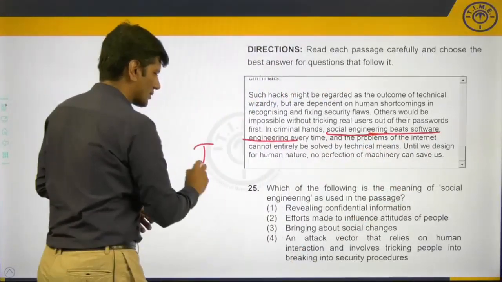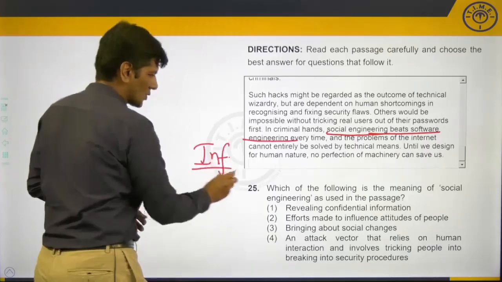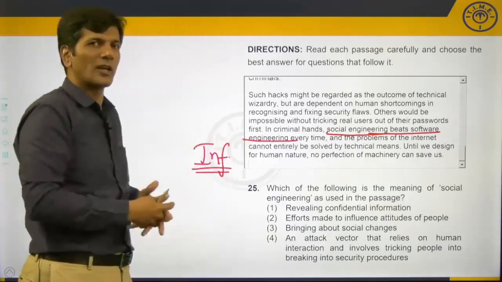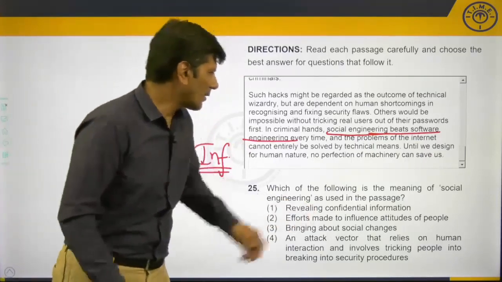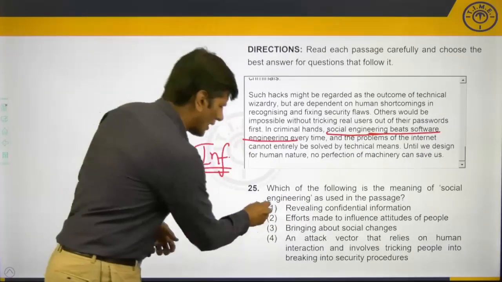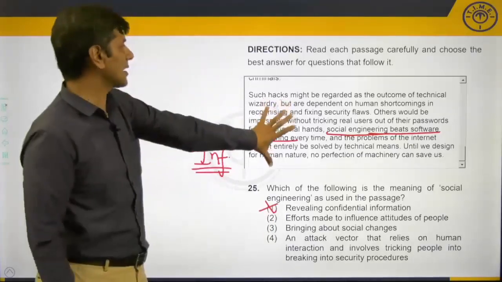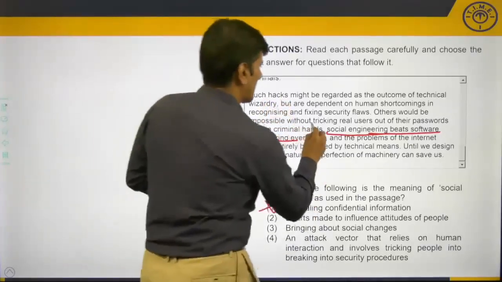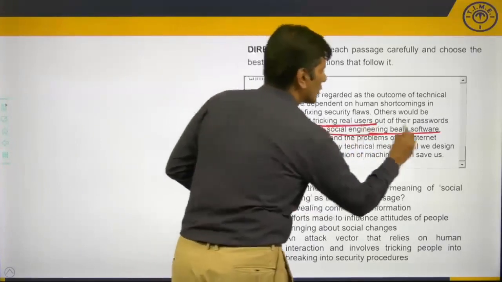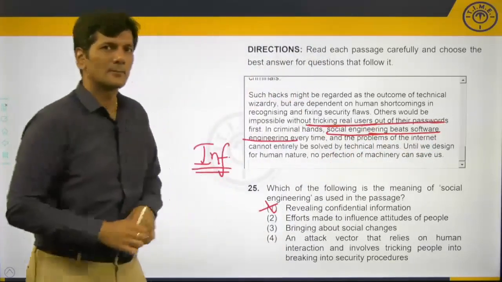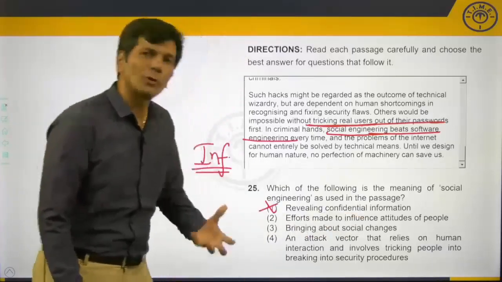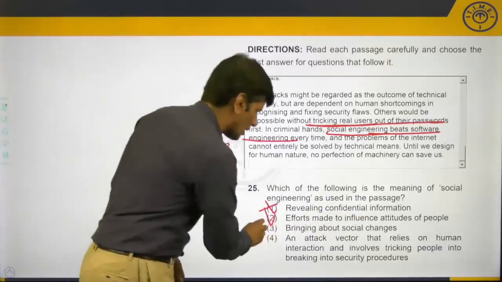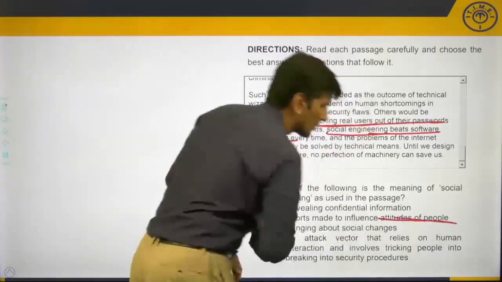So this is a clear case of an inference question, because nowhere does the author define social engineering. He wants us to infer that. First one, revealing confidential information, definitely not, because the entire context is about tricking real users out of their passwords. That's your clue. Efforts made to influence attitudes of people, this is again a distortion, because this is not about influencing attitudes of people.